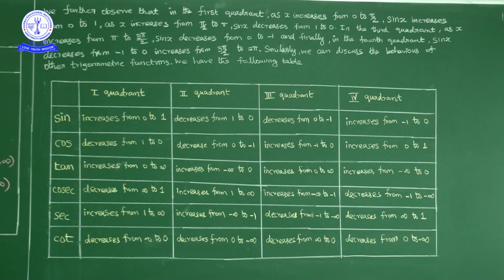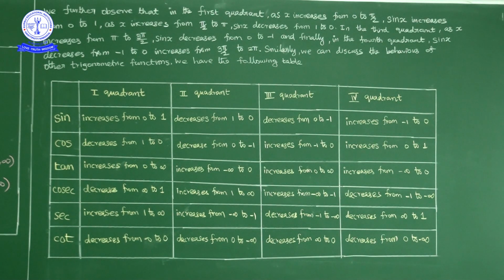Sin x minimum value is -1. After that, sin x increases from -1 to 0.